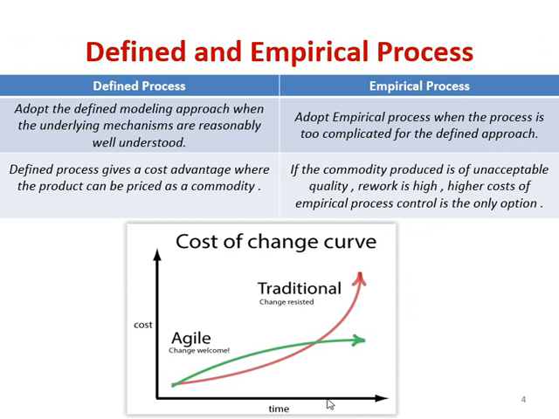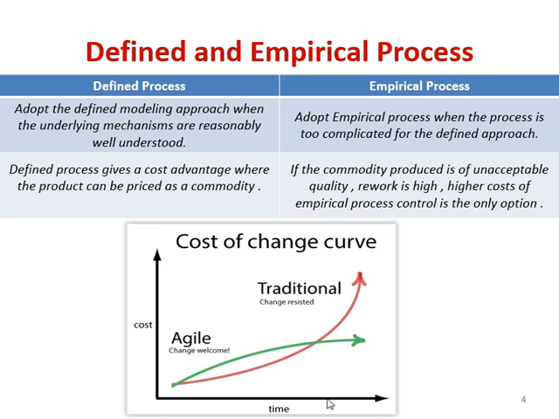Moving further, we have process, which we have discussed in our earlier module. Now I am moving a level above to give you two dimensions of process: one is defined process and another is empirical process. What exactly is the defined process?